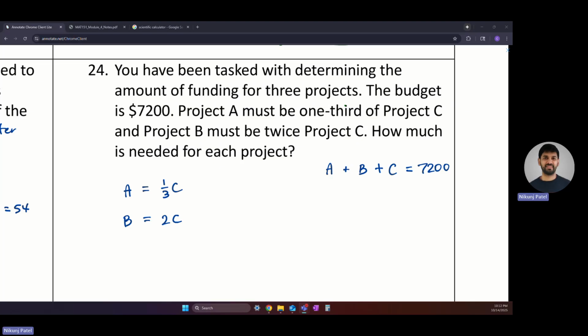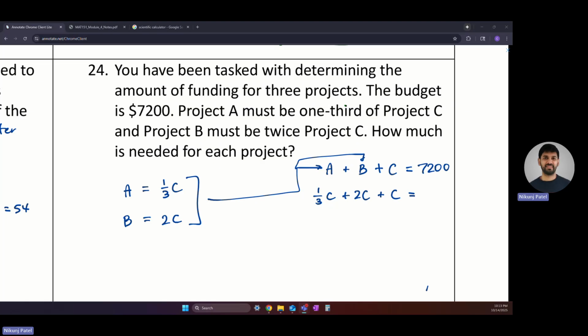And so when we have these two pieces of information, we should insert them into this equation for A and B. So instead of putting A, we're going to put 1/3 C. And instead of B, we're going to put what it's equivalent to, which is twice of C or 2C.